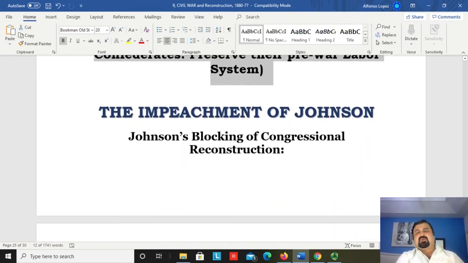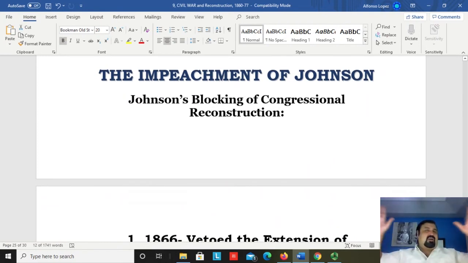Okay, so Republicans, you don't need to be a radical actually to be totally against what Johnson was doing, but Republicans were totally against it. They're looking at the South, how the South is unfolding.